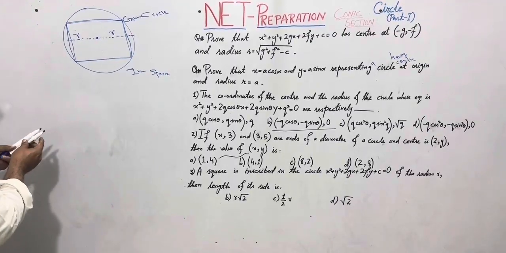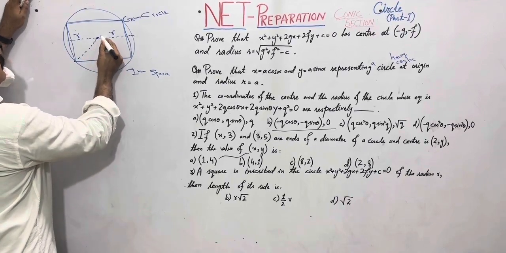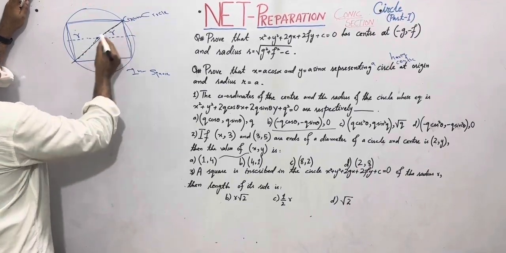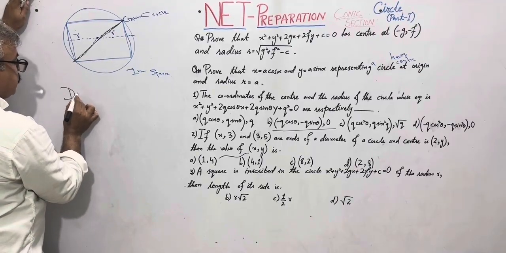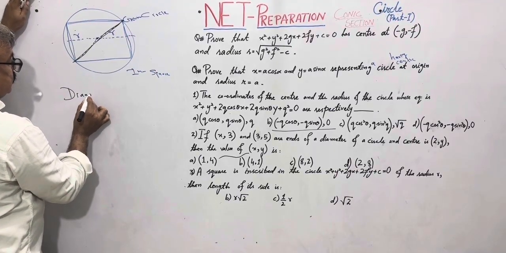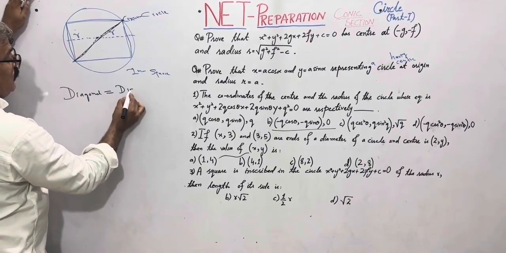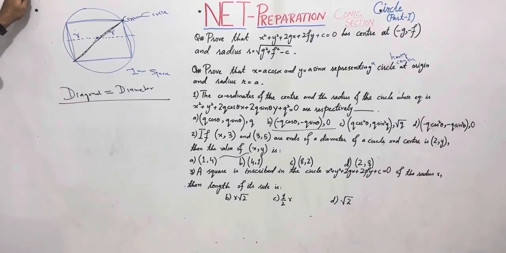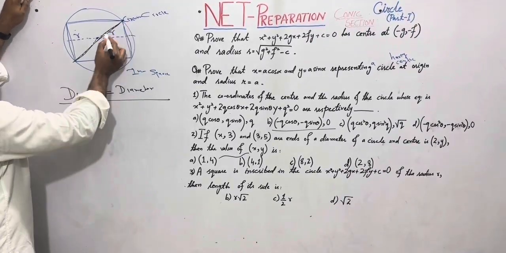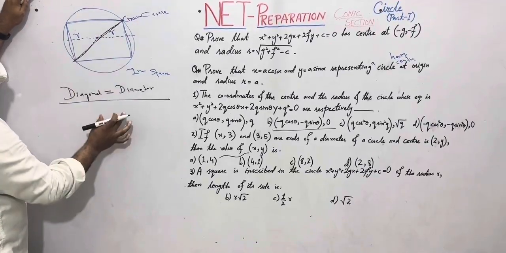If I draw the diagonal, look at this. These are the diagonals of the square. The diagonal of a square is equal to the diameter.